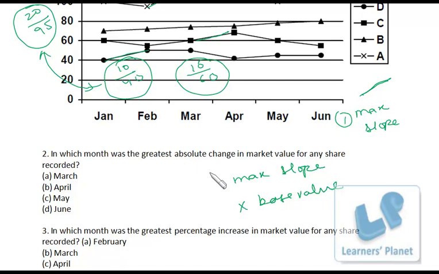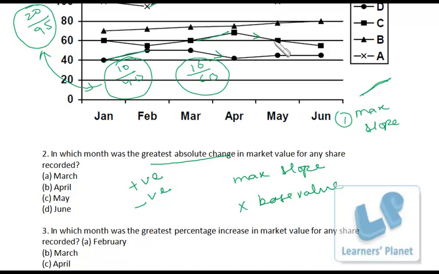One thing you have to keep in mind here: the greatest absolute change may be positive, may be negative. In these four cases we are seeing the absolute change that is positive, but there may be negative changes also. So we can look at the downward graph. Suppose this is there, where we can see a bigger slope, right? But in this case also the difference is just 40 to 50, so the difference is 10 only.